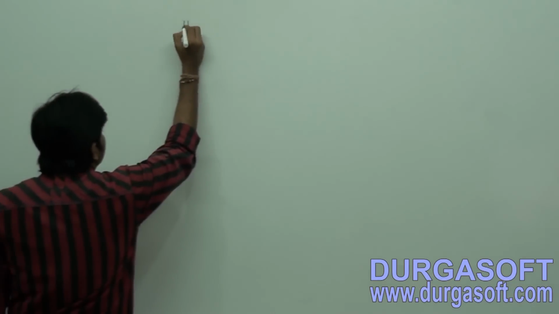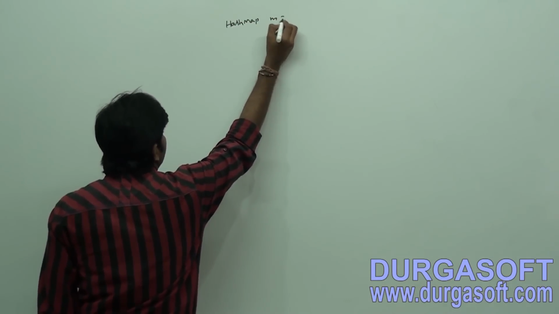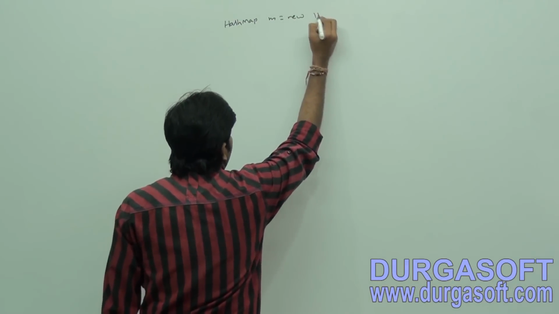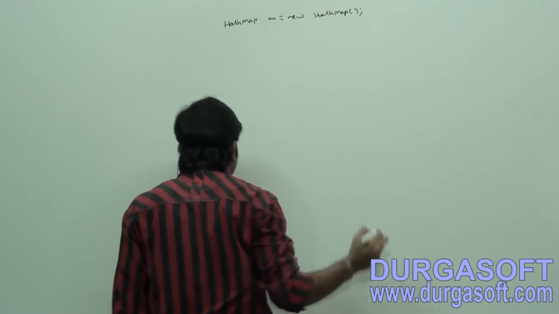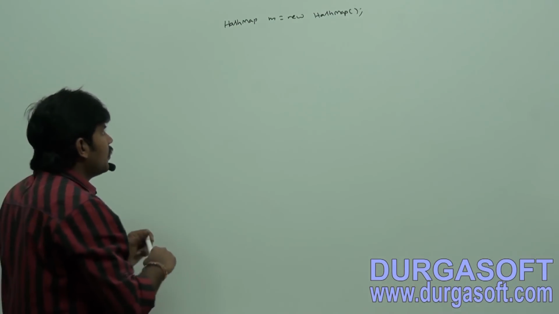Sir, I am taking a HashMap. Listen to this a bit carefully. HashMap m is equal to new HashMap. It is a normal HashMap object.